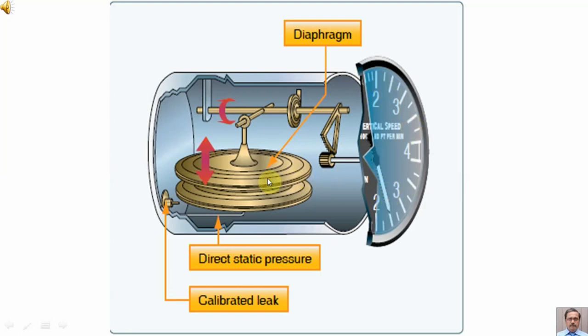The diaphragm is connected directly to the static pressure, and there is another connection to the static pressure that is through the calibrated leak. So we are seeing here calibrated leak, direct static pressure, diaphragm, linkage, display, etc.